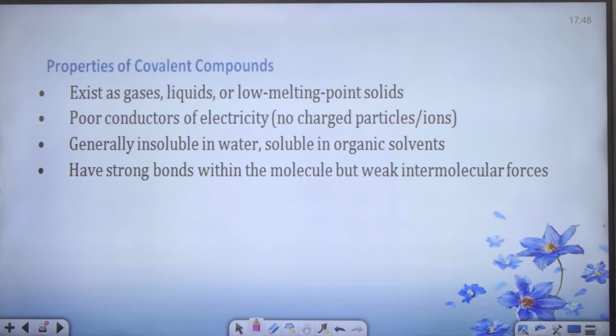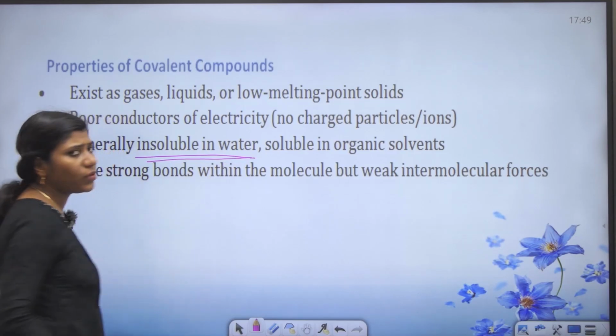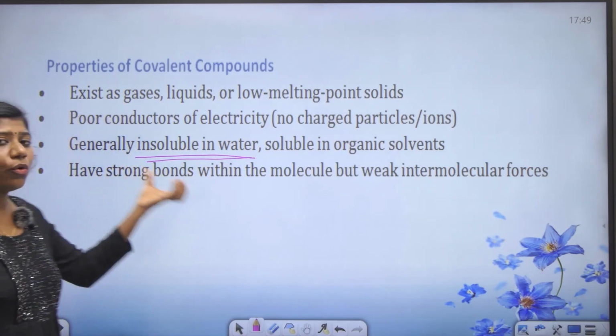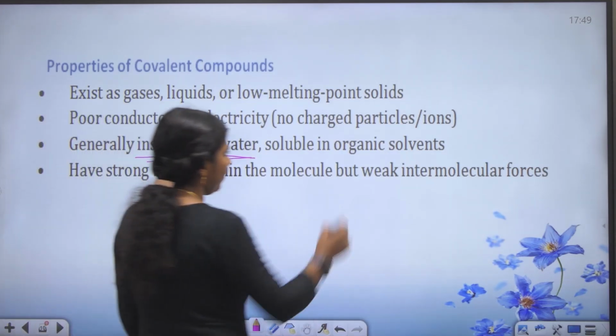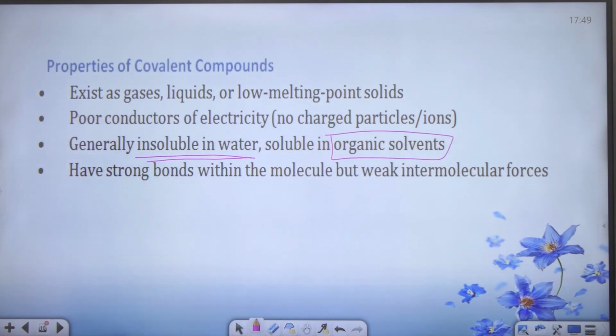Then, they are generally insoluble in water. Covalent compounds are generally insoluble in water and soluble in organic solvents. But ionic compounds are generally soluble in water.